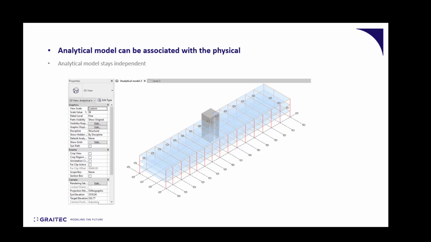To realize the association between the physical model and the analytical, there are different methods, and Revit allows us to use a Dynamo script. By using this function, we can automate the generation of the analytical model, so that's really a good thing.